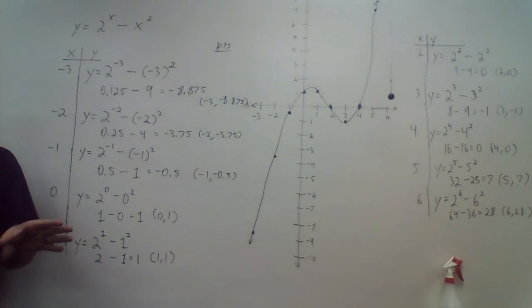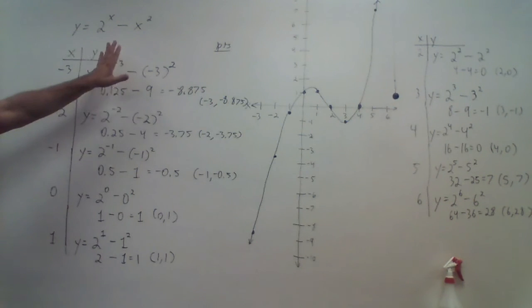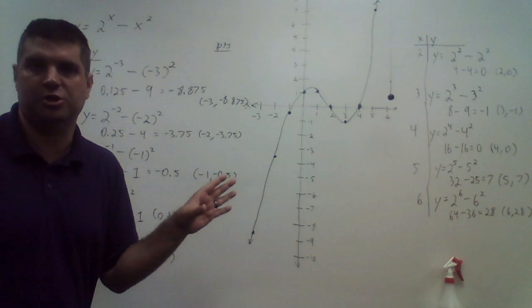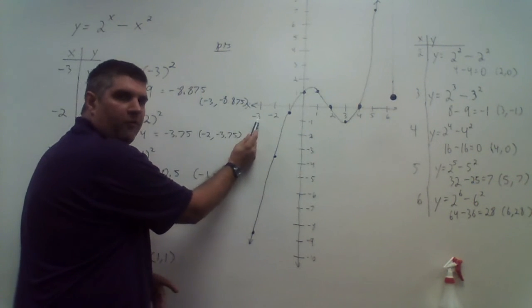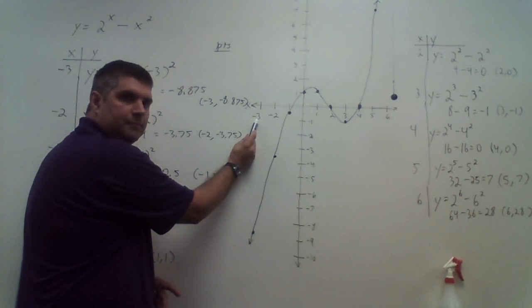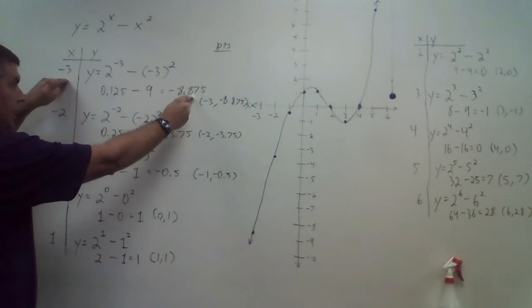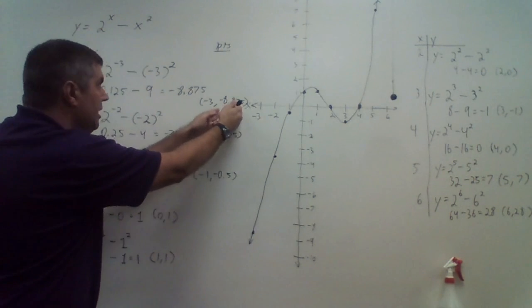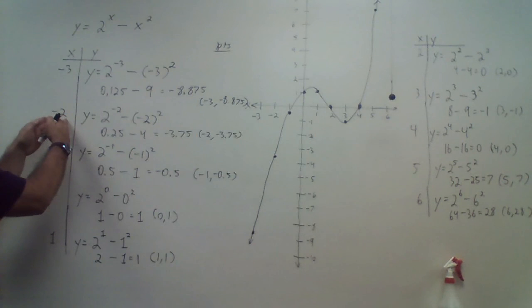So just to recap, if you've got y equals, it doesn't matter what the y equals, and you don't know anything else to do to graph the thing. Just start with the lowest integer value for x that you see, plug it in, get the matching y, and you've got a point. Then you do it for the next integer x value.